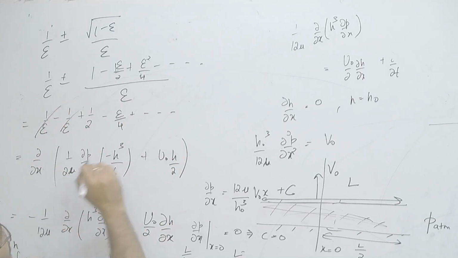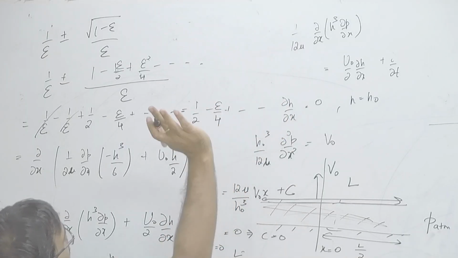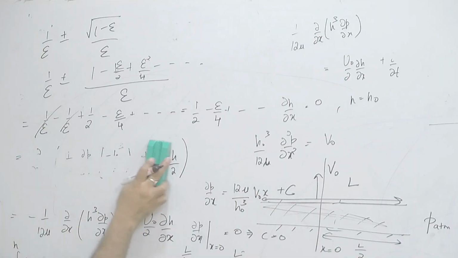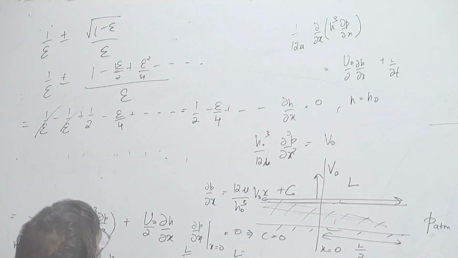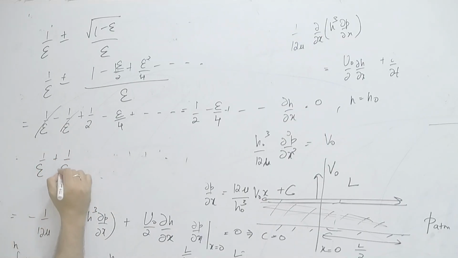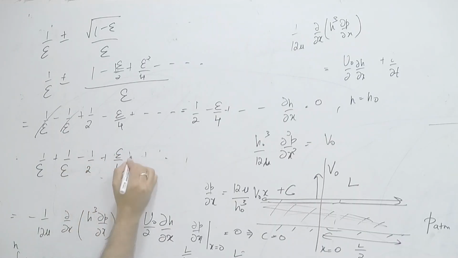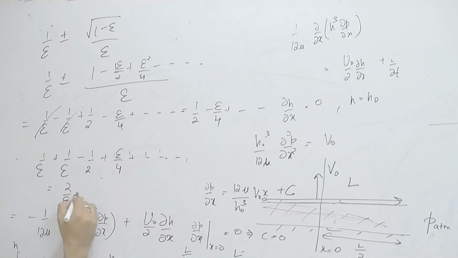These things cancel out and you get half minus epsilon by 4 plus higher powers of epsilon. That is one root. What is the other root? We have 1 by epsilon plus 1 by epsilon minus half plus epsilon by 4 and so on, which is 2 by epsilon minus half plus epsilon by 4.